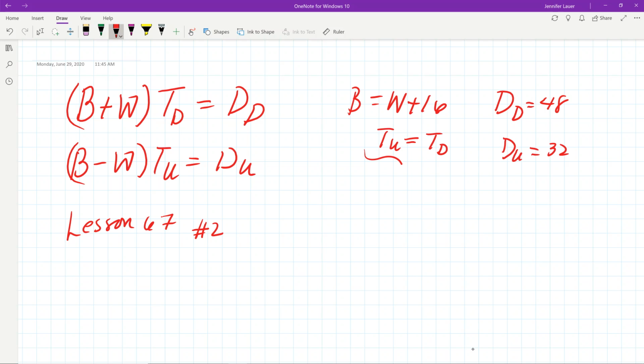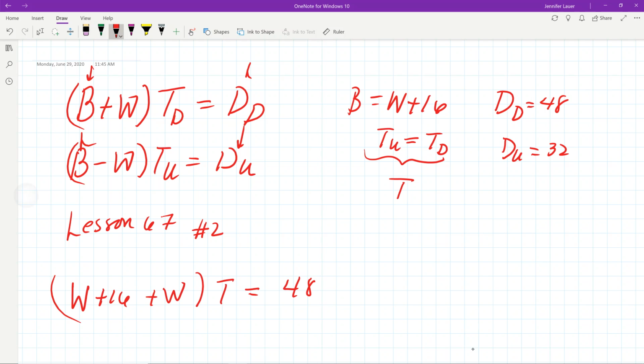Now, whenever you have the times equal, what I do is I just change them both to T. It just makes things a little simpler. So I'm going to plug in everything I know here. My boat now is W plus 16 plus W times T equals 48. So that's that first line.